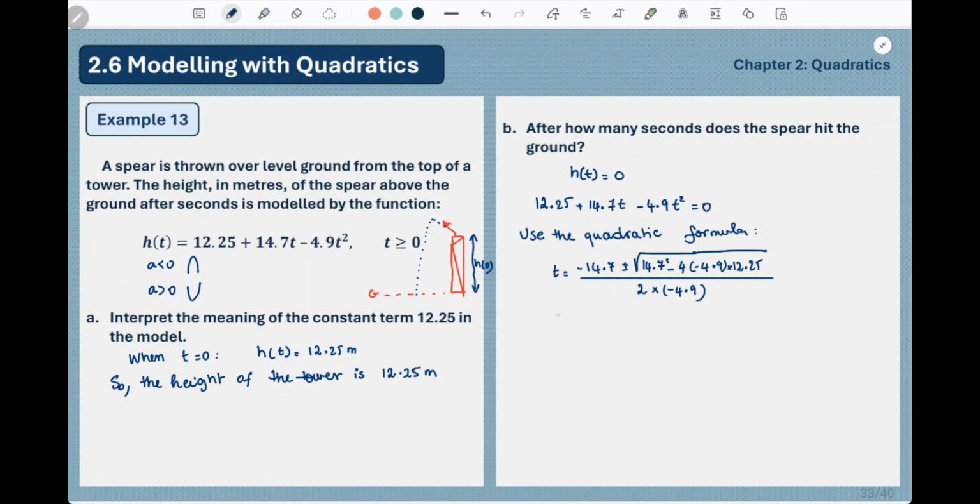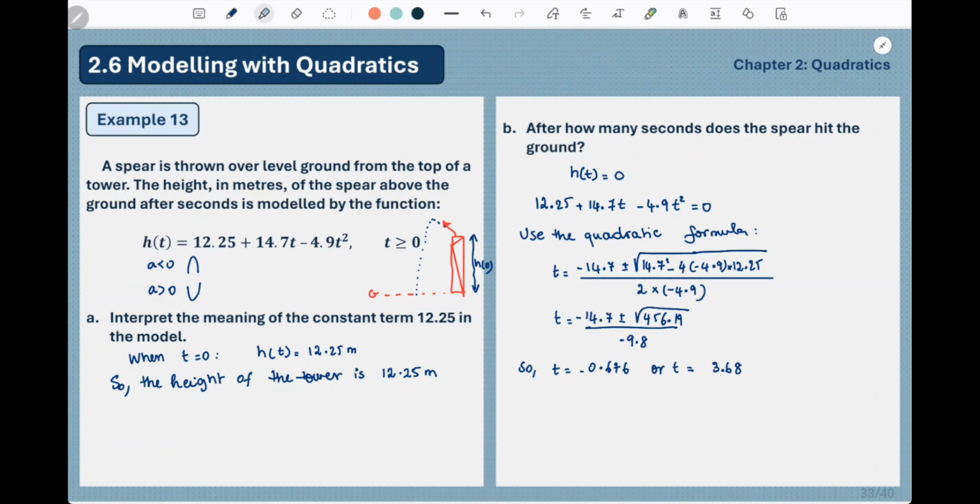Using a calculator, whatever is inside the bracket will become 456.19 over minus 9.8. So we've got two values here. We have t equal to minus 0.79 when we do minus, and when we do plus, t is equal to 3.68.